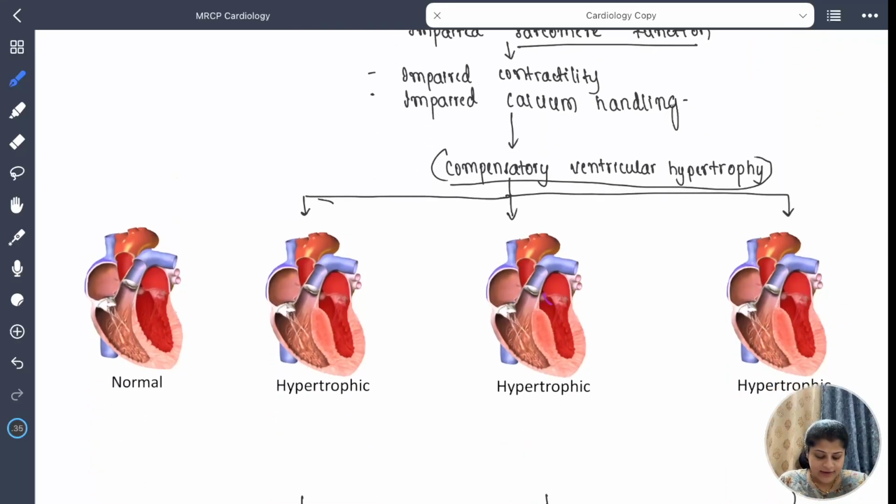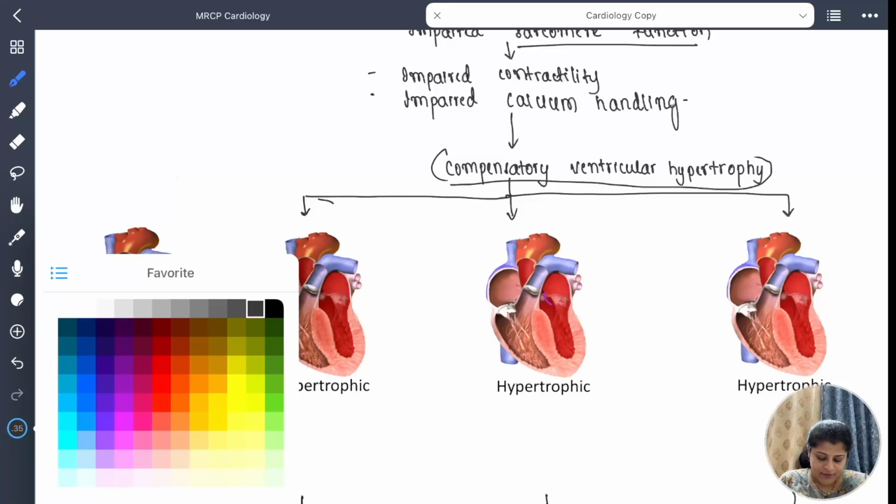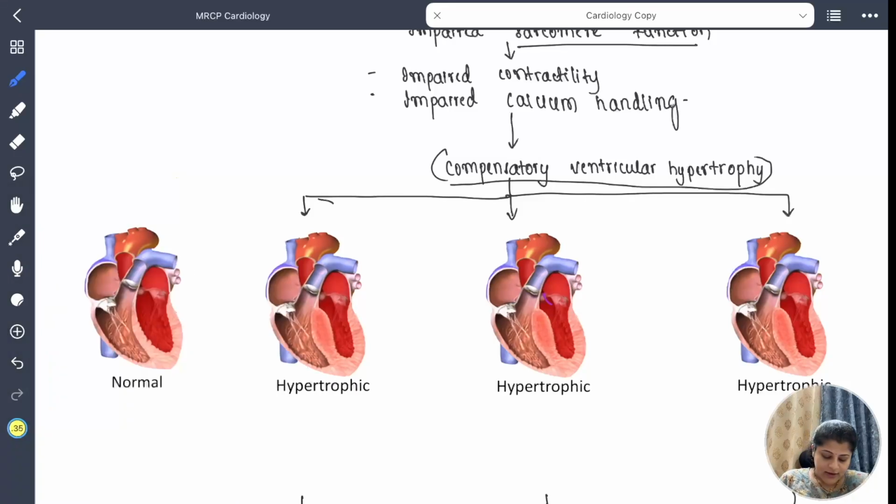Now, what is so special about HCM which is not present in other conditions? Just see the first image. This first image is the normal one. Here we have the interventricular septum. Now if you see the second image, there is hypertrophy of the interventricular septum.